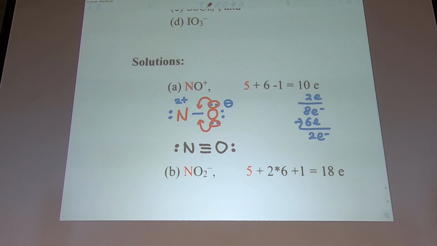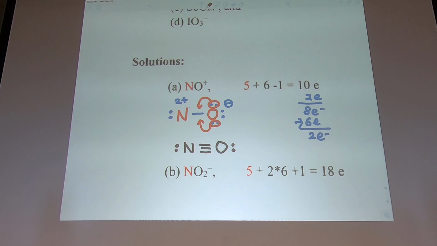That's what happened, right? Now everything is happy. As far as oxygen is concerned, by sharing it, I'm not losing any octet rule electrons. This is 8 electrons, that's 8 electrons, so everyone is happy here.